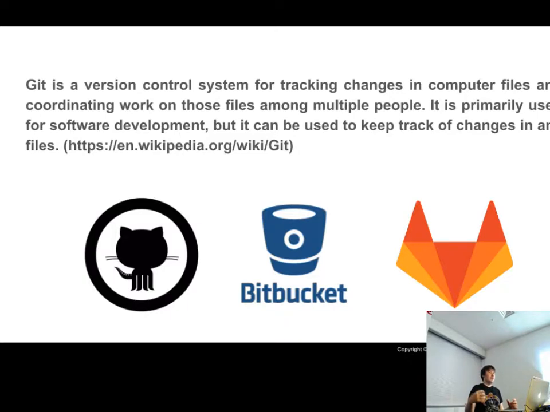Having such a system as Git, or Mercurial, or whatever system you're using, helps a lot to organize the development. So Git powers a lot of, as Mitsu once said, cloud services. In this case, it's GitHub, Bitbucket, GitLab, and dozens of others, like Perforce, for example.